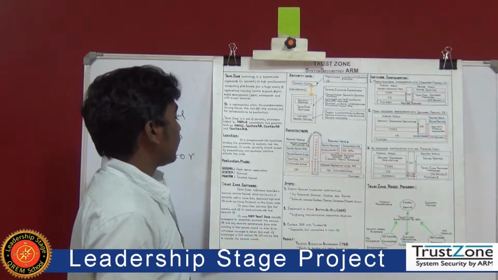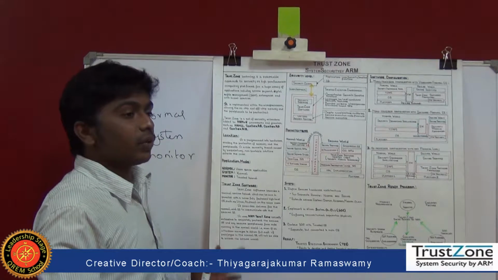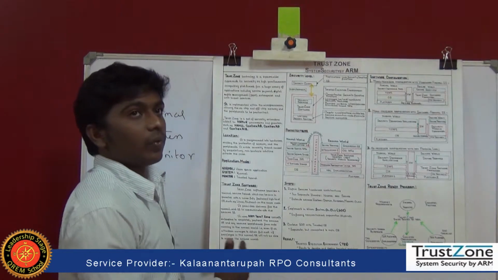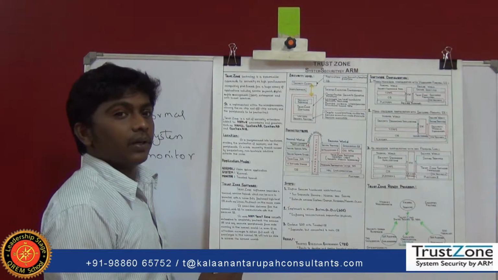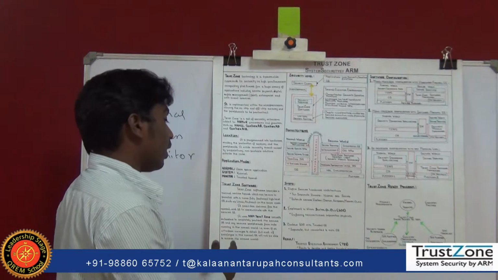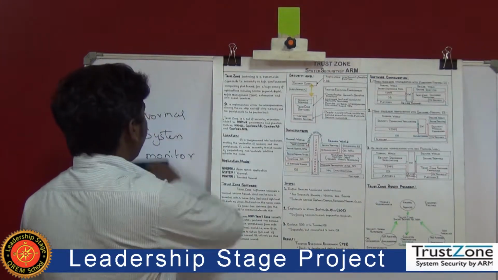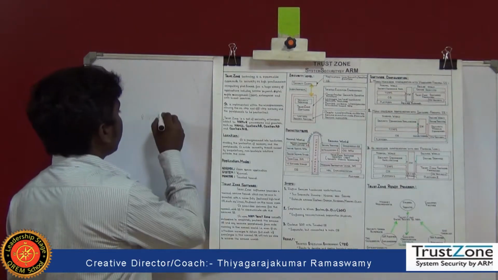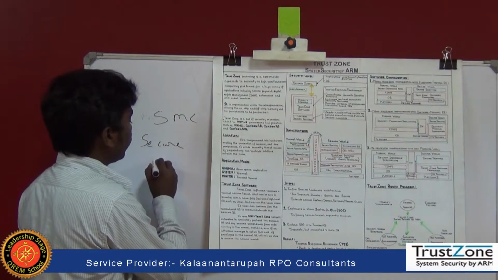And next is the TrustZone software. TrustZone software is used to provide a minimal secure kernel, and its other major function is to provide a driver that acts as an interface, a communicator between the normal OS and the secure OS. ARM provides a driver that is SMC, that is Secure Monitor Call.